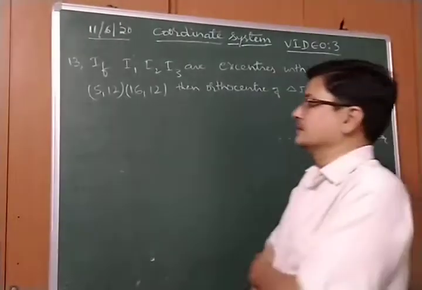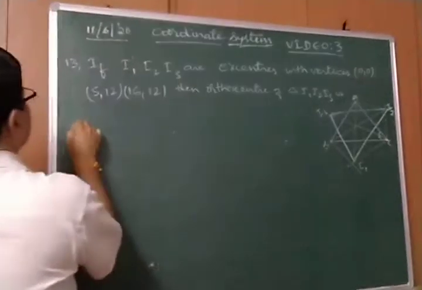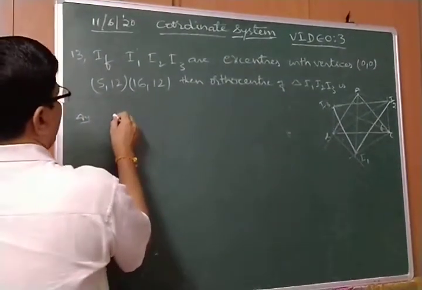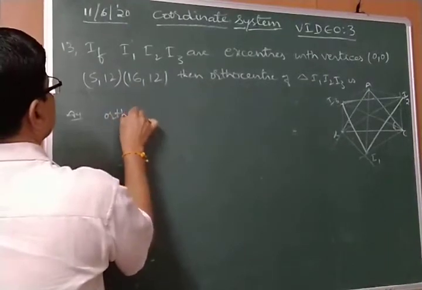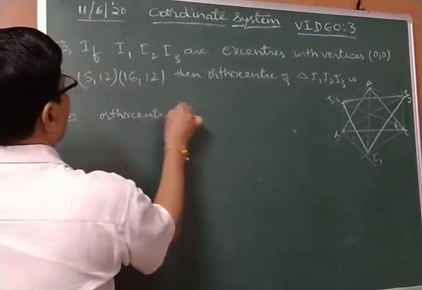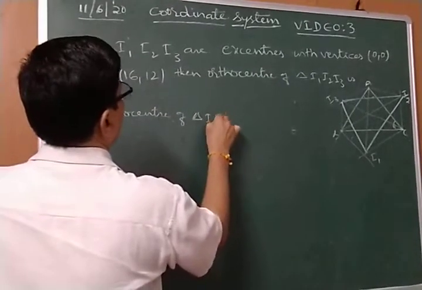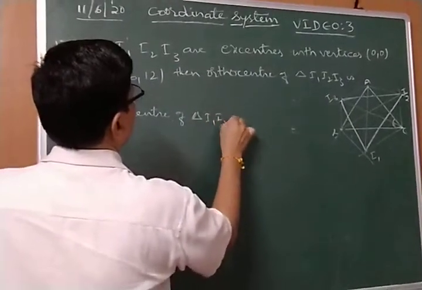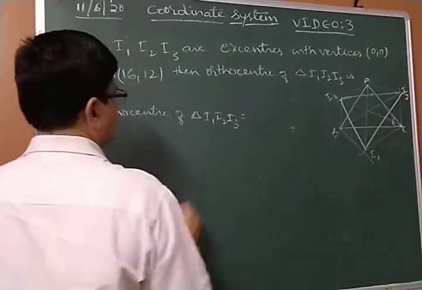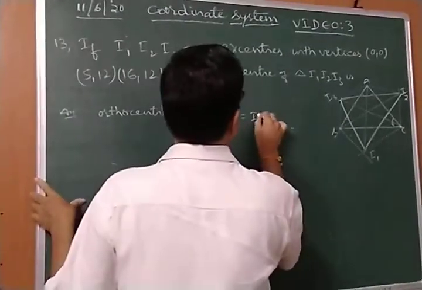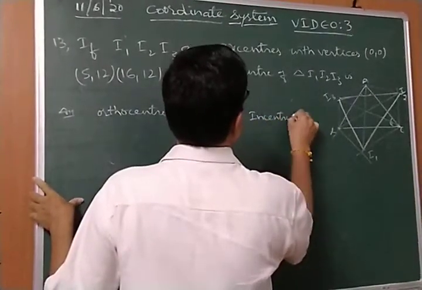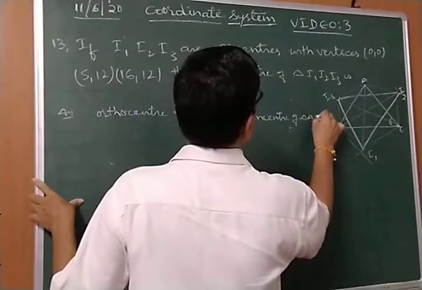So the orthocenter of triangle I1, I2, I3 is equal to the incenter of triangle ABC.